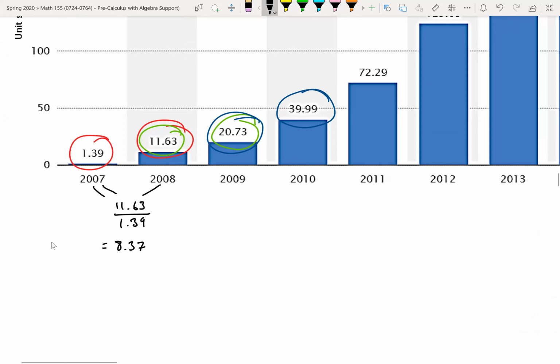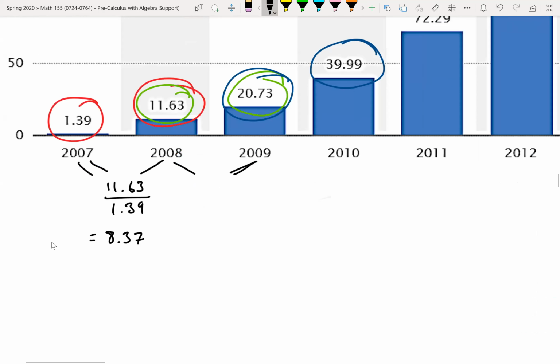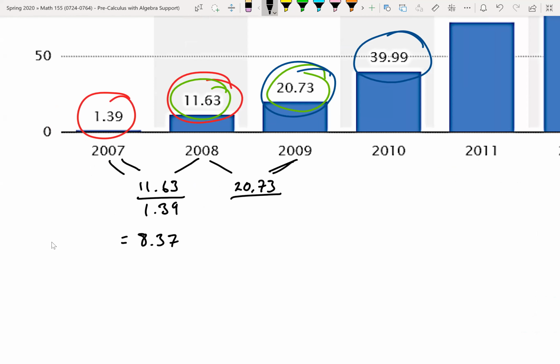Let's go ahead and do a couple of the other ones. In 2009, 20.3 divided by 11.63, I got 1.78.